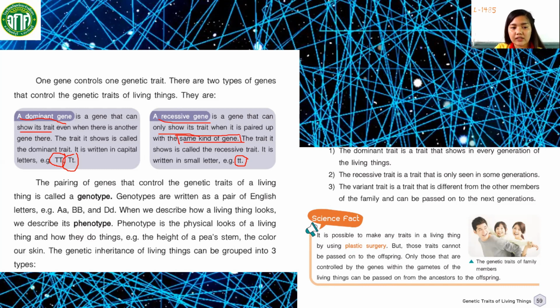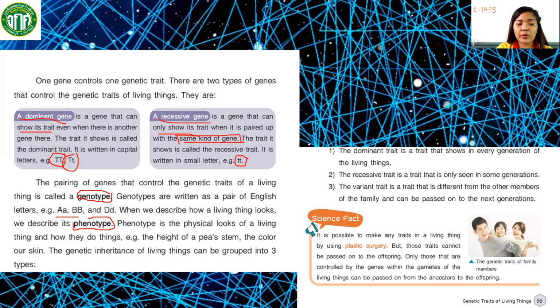So the pairing of genes that control the genetic traits of a living thing is called a genotype. Again, the pairing of genes that control the genetic traits of a living thing is called a genotype. Genotypes are written as pairs of English letters such as A, B, B, and D, D. When we describe how a living thing looks, we describe it as phenotype.